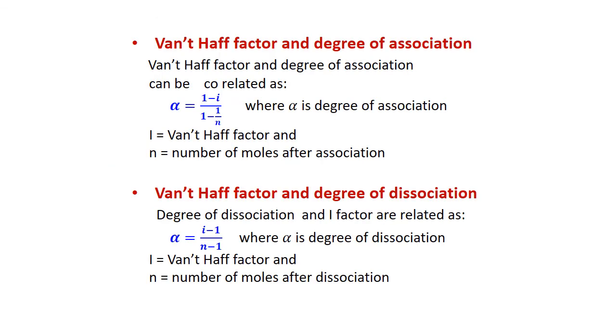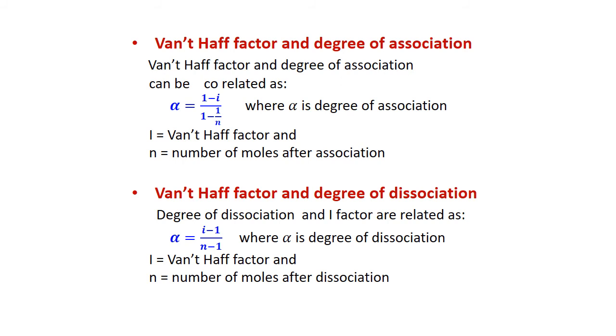Van't Hoff factor and degree of association. Degree of association means how many molecules are associated out of total molecules. For example, 5% degree of association means out of 100, 5 molecules are associated, and in that case the relation of alpha and i factor can be given as alpha is equal to (1 minus i) divided by (1 minus 1 upon n).